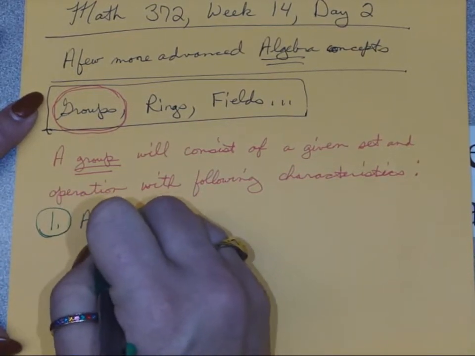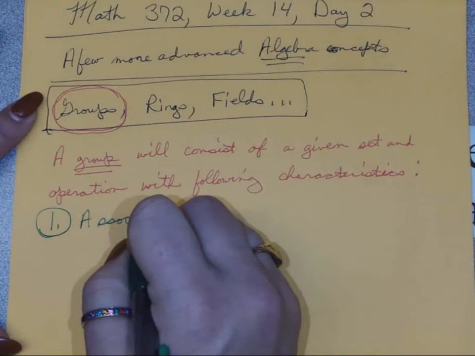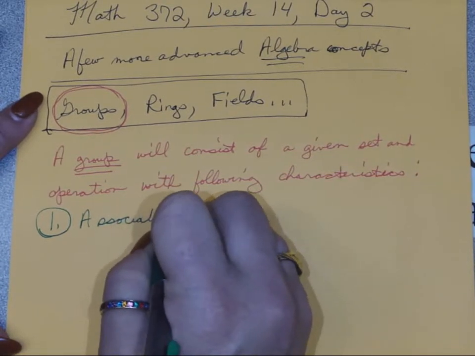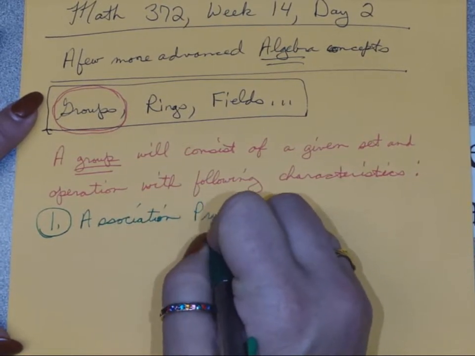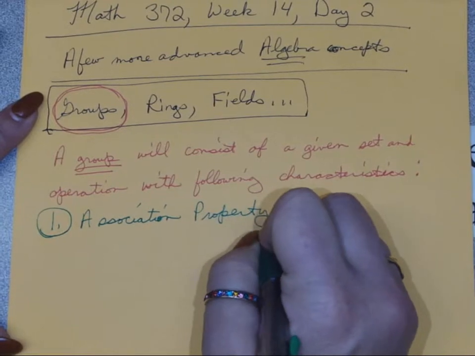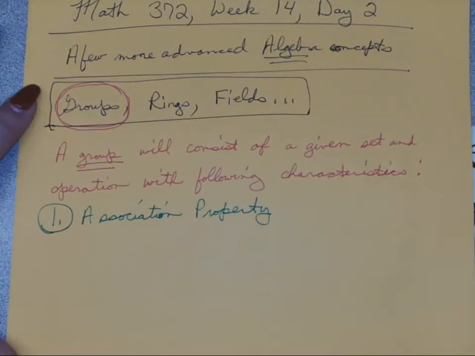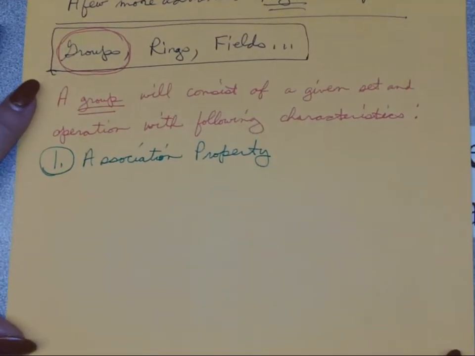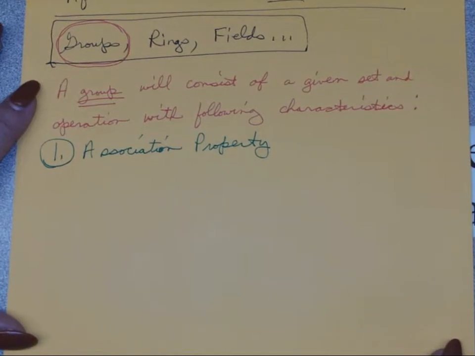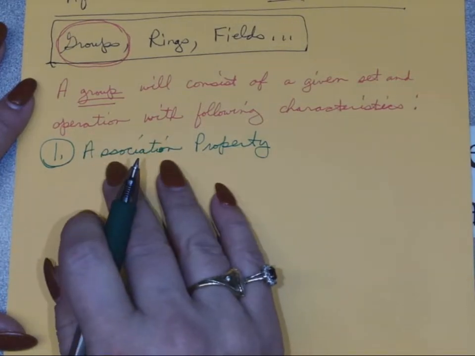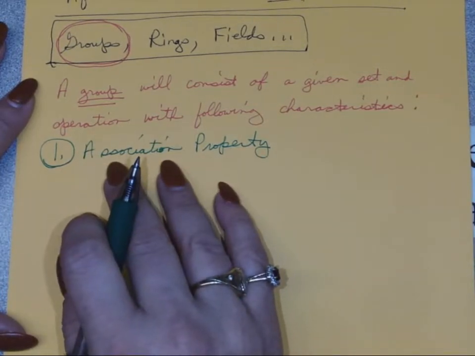Number 1, whatever set and operation we have needs to have the associative property, and that needs to work in that particular group, the group being the set and the operation. So it's going to be a group if associative works, which means grouping doesn't matter. Whichever way I put them, I'm okay.